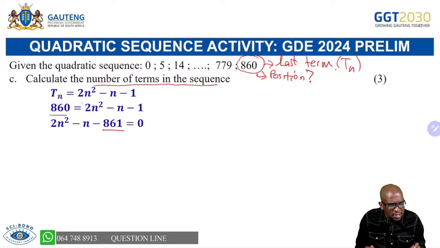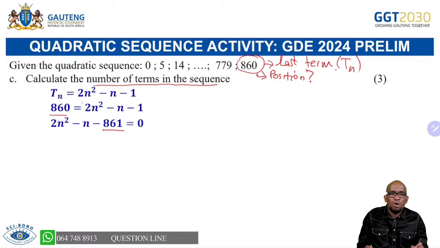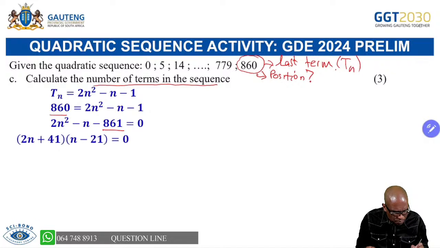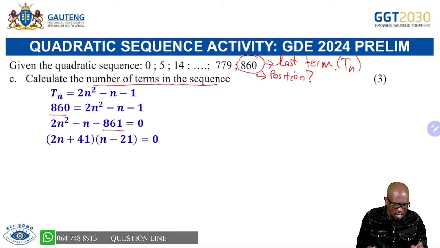Now, this is quadratic. Because it is quadratic, we can solve it using inspection, or we can use the quadratic formula, or we can solve by using the method of completing the square. So now we just work out the factors using inspection.